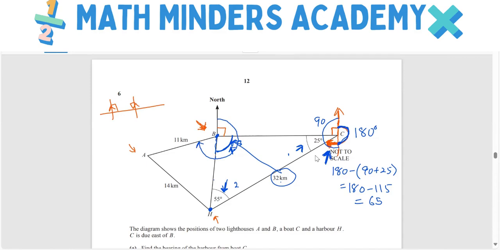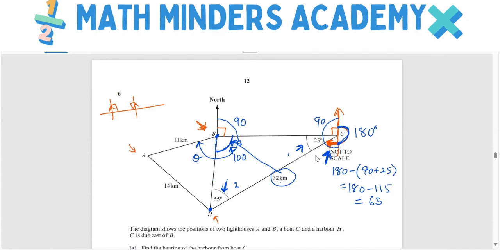That means I am going to take 90 here. I have 100 here, but I don't have theta. Let me call that angle theta. These three angles, if I add them together, give me the bearing of A from B.